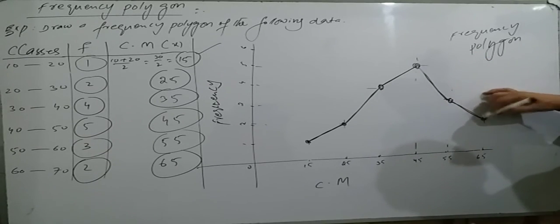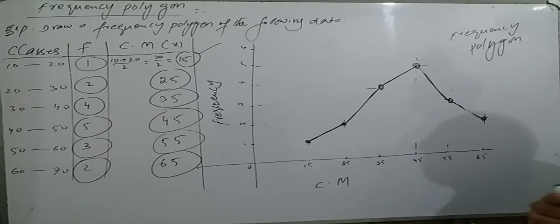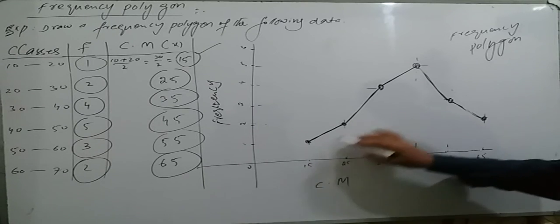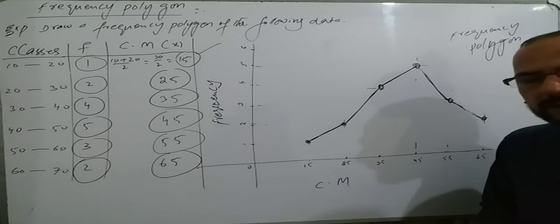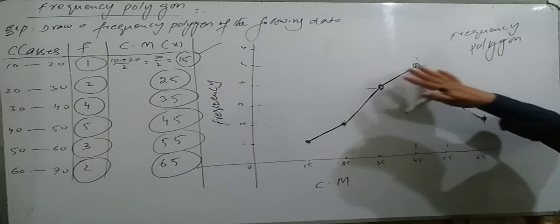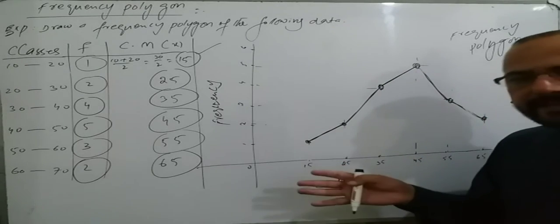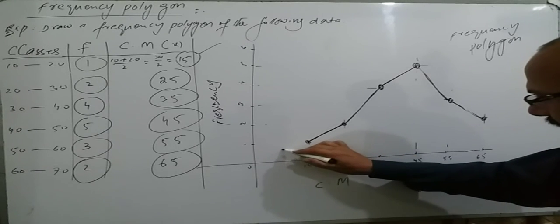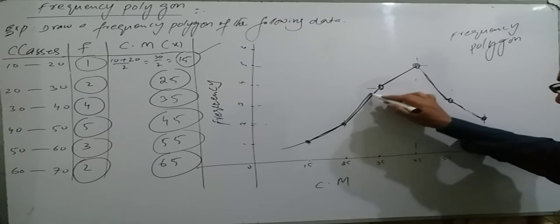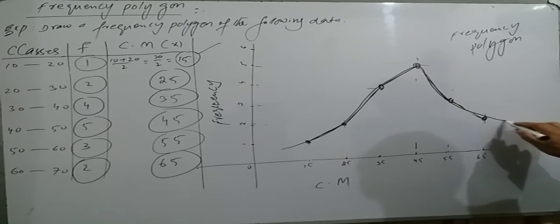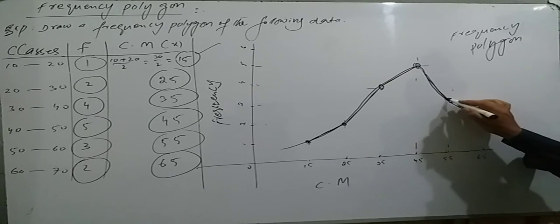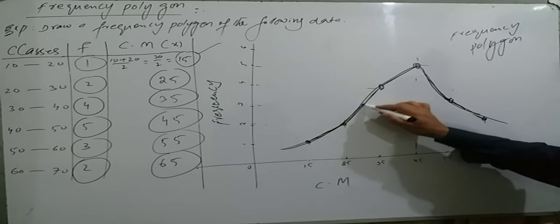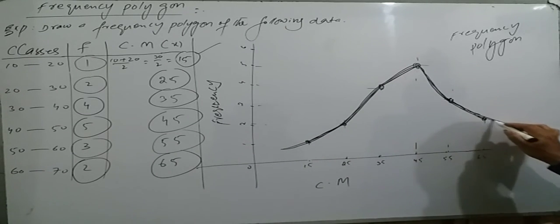Another curve that we have is the frequency curve. If we join these points smoothly with a smooth curve, it will be converted into a frequency curve like this. If we draw a smooth curve amongst the points, we will get what?